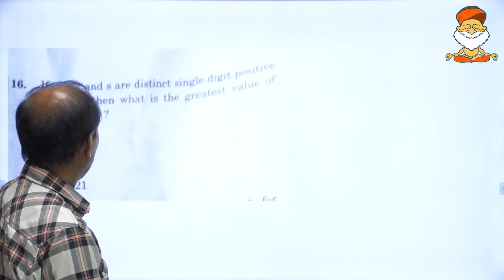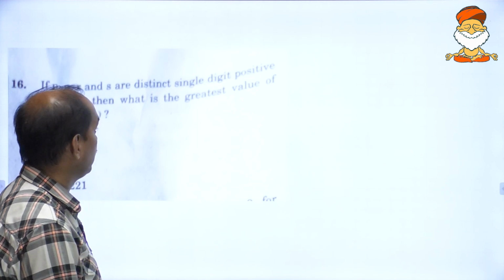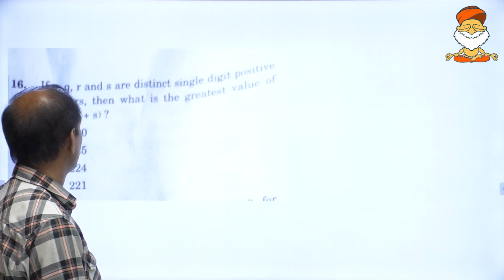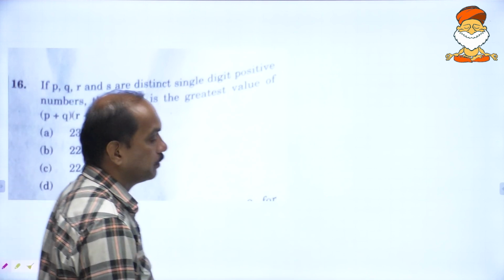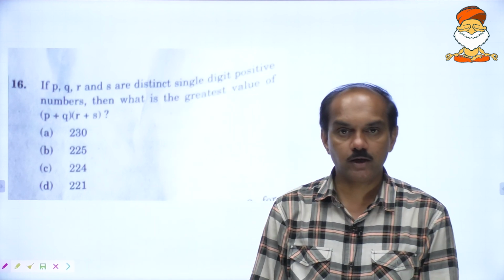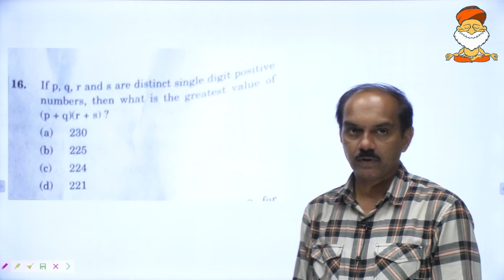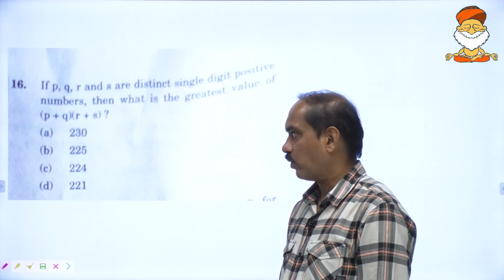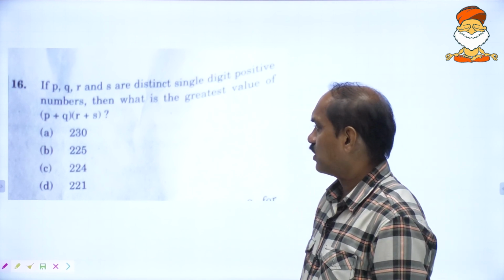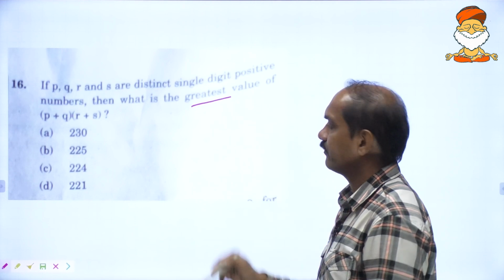P, Q, R and S are distinct single digit positive numbers. Then what is the greatest value of (P plus Q) into (R plus S)? Your options are 230, 225, 224, 221. See, he is talking about the greatest.